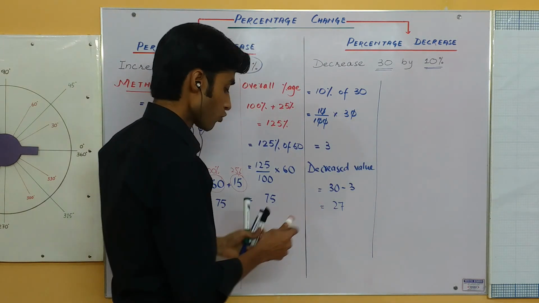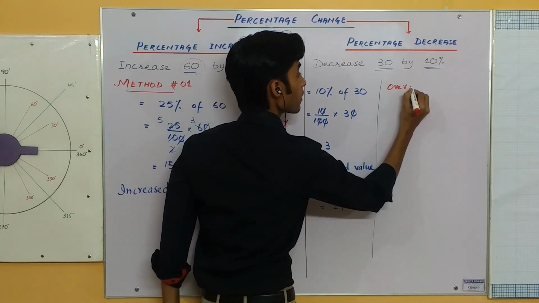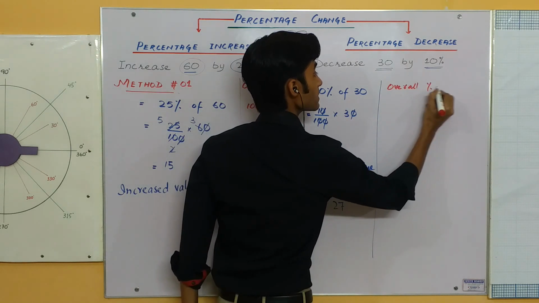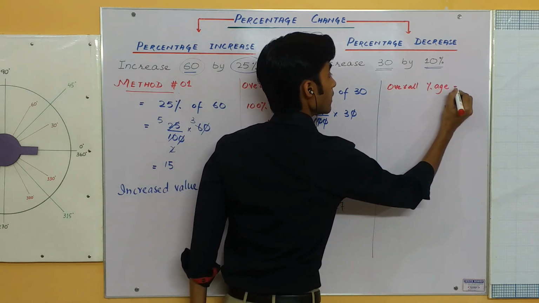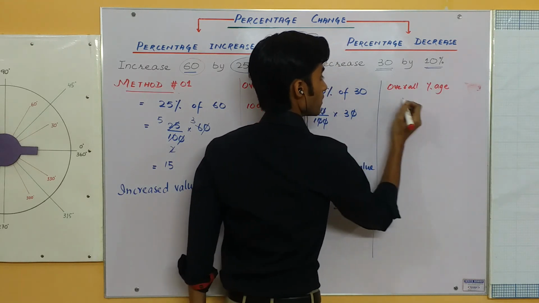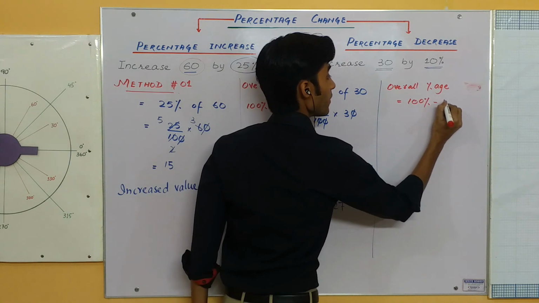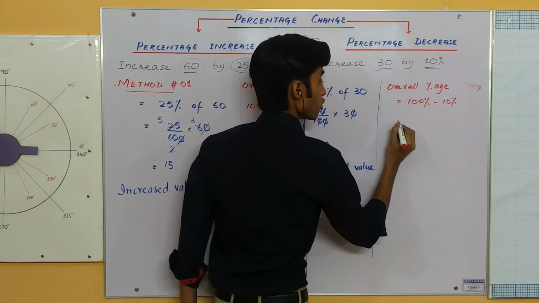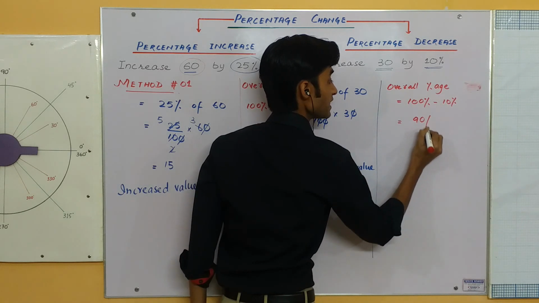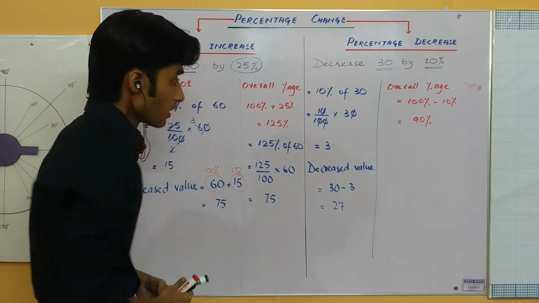So you are going to find out the overall percentage. Let me write it here. The overall percentage is 100% minus 10%, so the percentage of the overall value is going to be 90%.